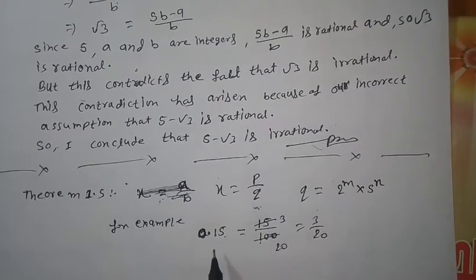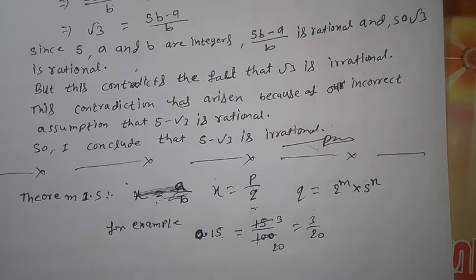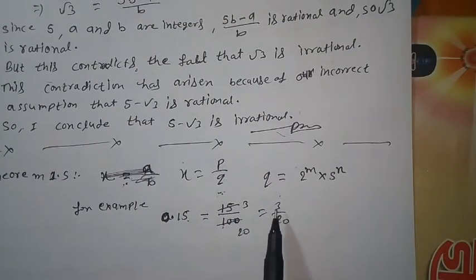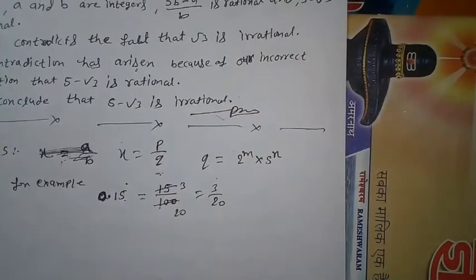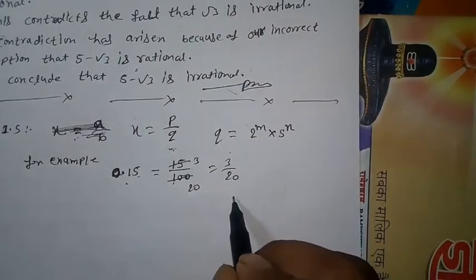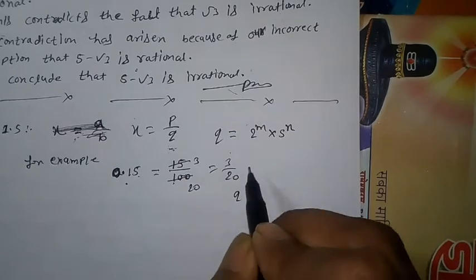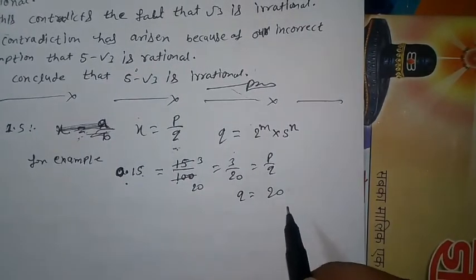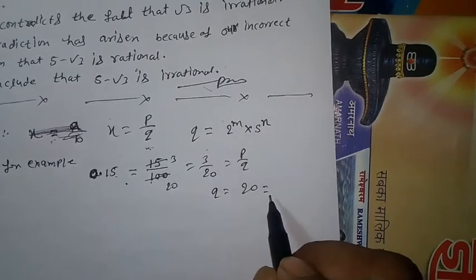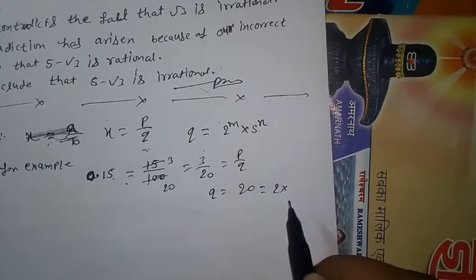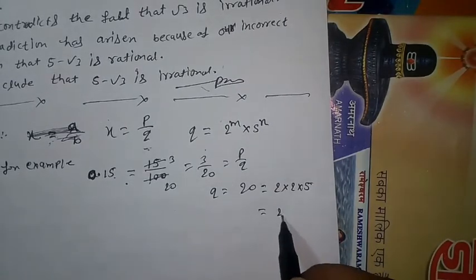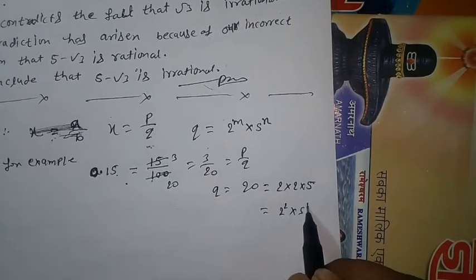So the number given, 0.15, when I write it in the form of p by q, I get 3 by 20. Here q is equal to 20. The prime factorization of 20 is 2 into 2 into 5, which is 2 to the power 2 into 5 to the power 1.